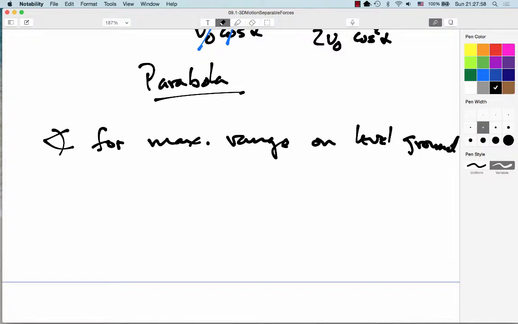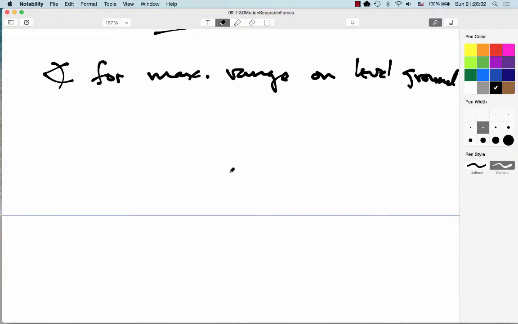Why don't I like doing this problem at the 100 and 200 level? It's not that it's not doable. You can do it both with and without calculus and get an answer. The problem is that it applies only for the very specific case of level ground. And when people are just learning stuff, they sometimes forget that.